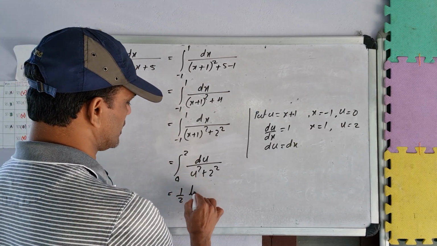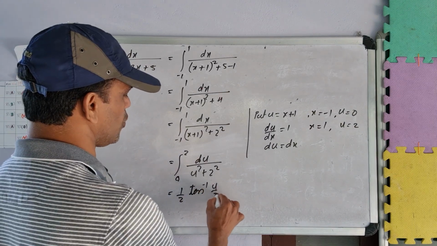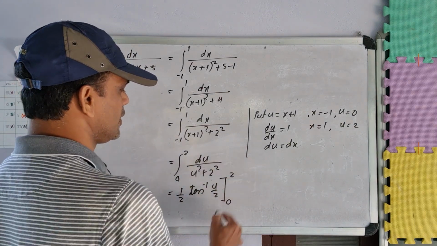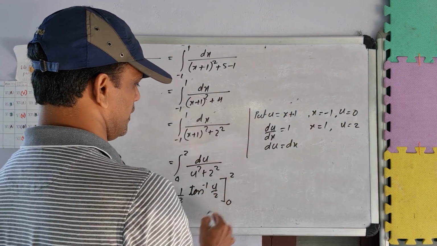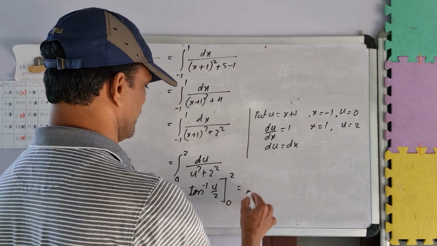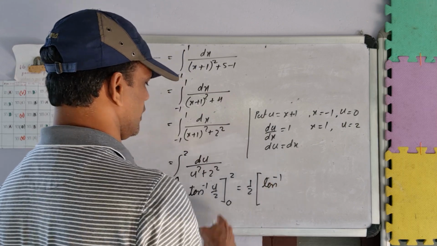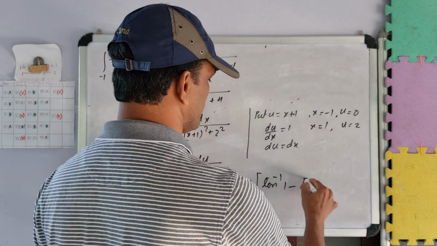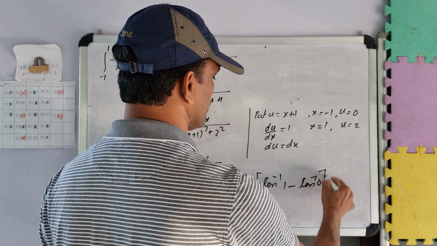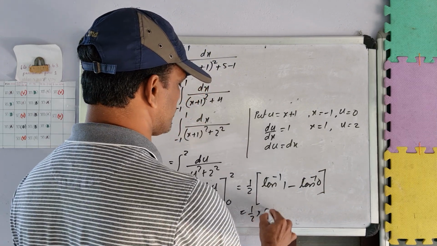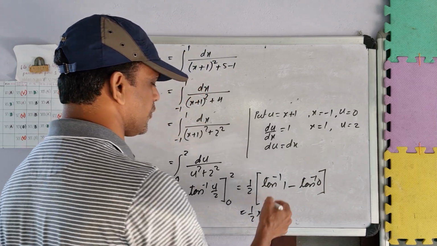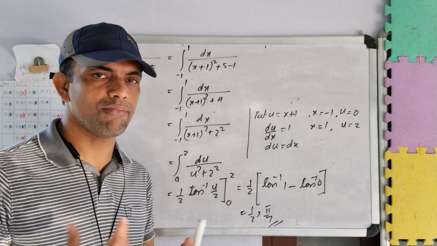So half tan inverse u over 2 to the limit 0 to 2. Applying the limits, 2 over 2 is 1, minus tan inverse 0, equals half times pi over 4, that's pi over 8.